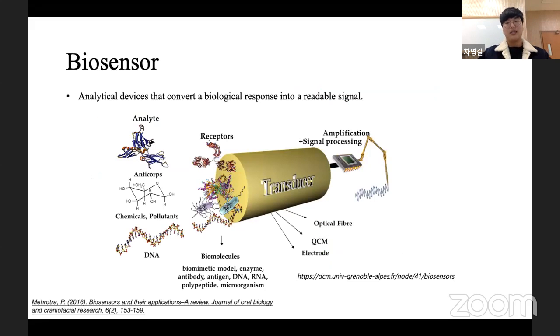Like this example, biosensors are analytical devices that convert a biological response into readable signals. The transducer converts the signal created by combining the sample analyte, such as antibodies, chemical proteins, DNA, etc., with the receptors into an electronic signal.